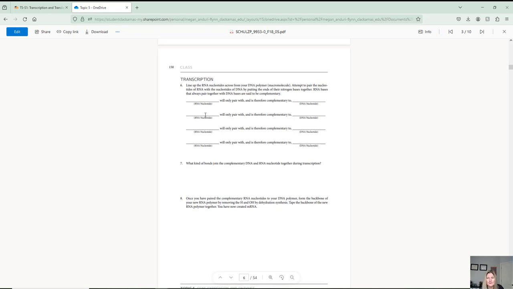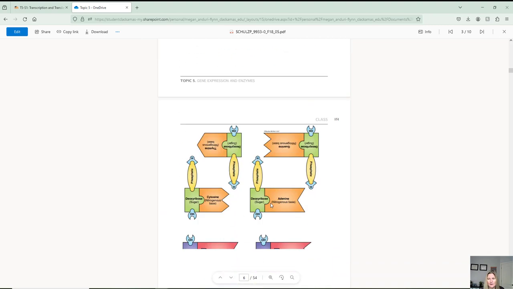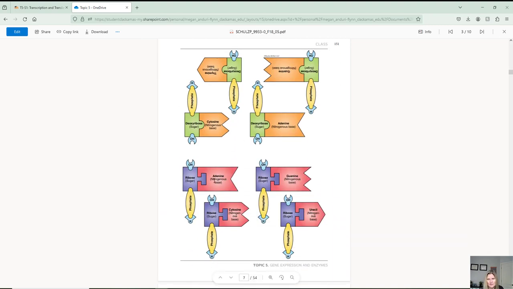And then you'll fit the pieces together. So we have an RNA nucleotide and a DNA polymer. So you'll see that adenine from RNA is only going to fit with thymine on DNA, okay? Cytosine on DNA will only fit with guanine on RNA. So it gives you that complementary base pairing.